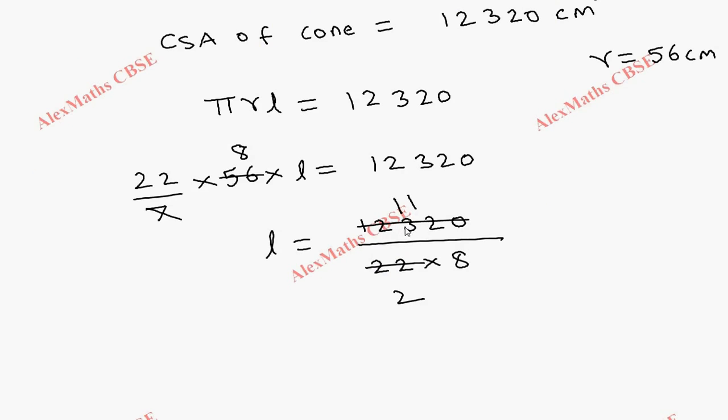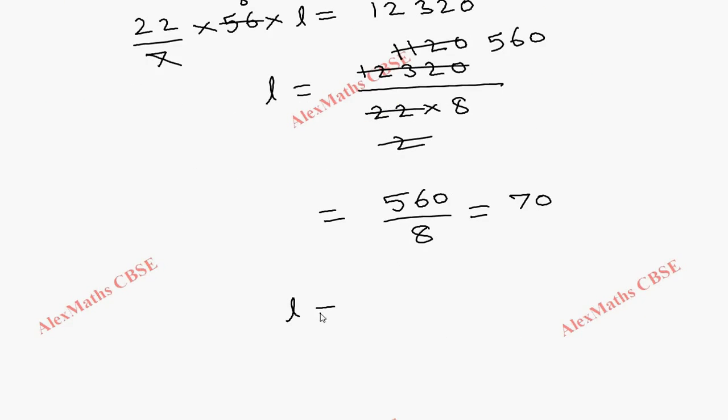Again 1 time 11, balance 2 is there, so 22 is 2 times, and we have to put this 0 also. And now again we can cancel this with 2 times. So this is 560. So 560 by 8, again by dividing we get 7 times, there is one 0. So we got the value of L as 70 centimeter.